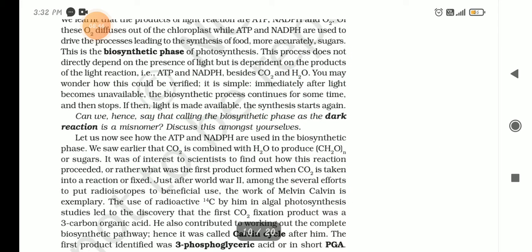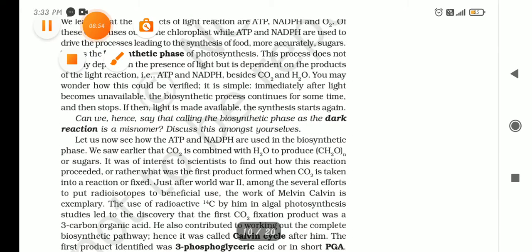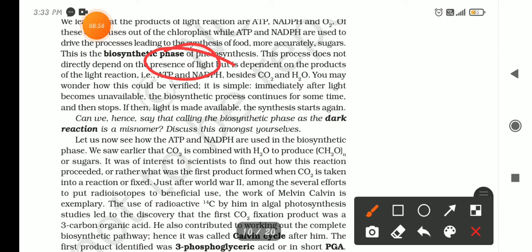So indirectly it is also dependent on the sunlight, because it depends on the light reaction, which means it is indirectly dependent on the presence of light, but dependent on the products of the light reaction, ATP and NADPH, besides CO2 and H2O.